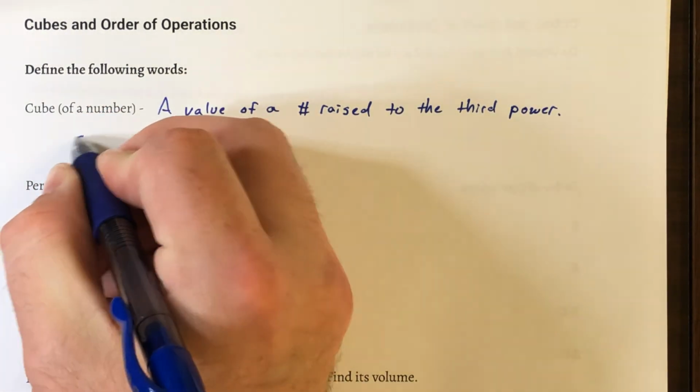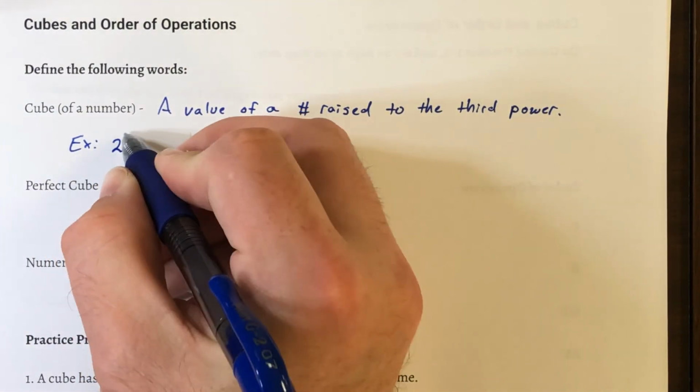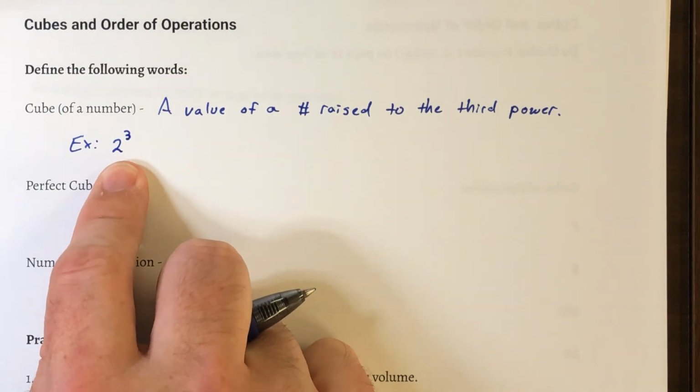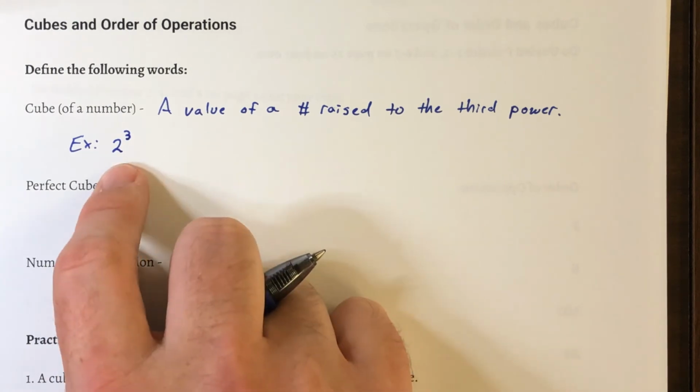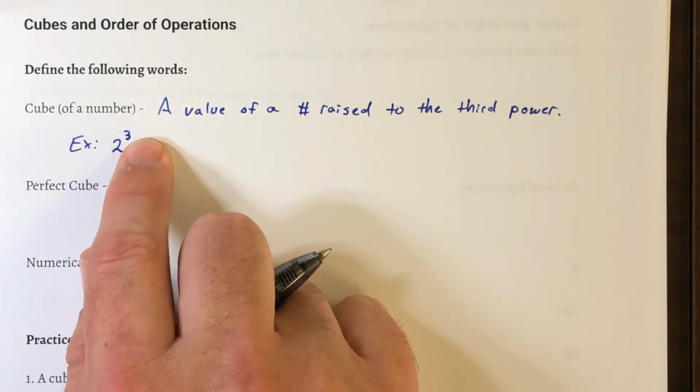An example of this, our first one, we have 2 to the power of 3. We can also refer to this as 2 cubed. So 2 to the power of 3, 2 to the exponent of 3, or 2 cubed.